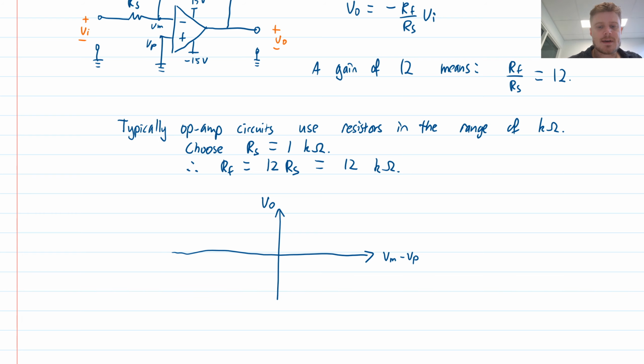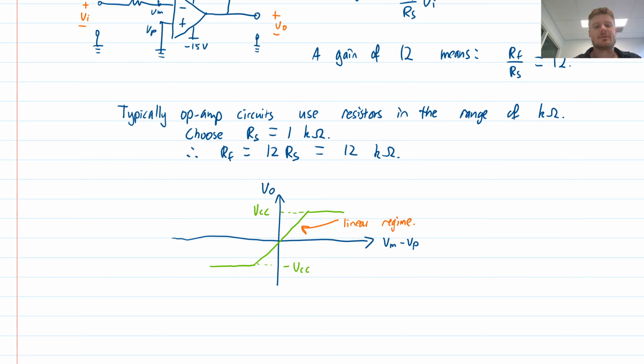We previously said that we have this linear regime and then this saturated regime, and this saturated regime is going to occur for an output voltage of the power supply, VCC, and also negative VCC on the other side. So this part here is the linear regime, and basically linear regime is good. If the op-amp is in the linear regime, it means it's working as an amplifier. If you go outside that, it's no longer working as an amplifier.